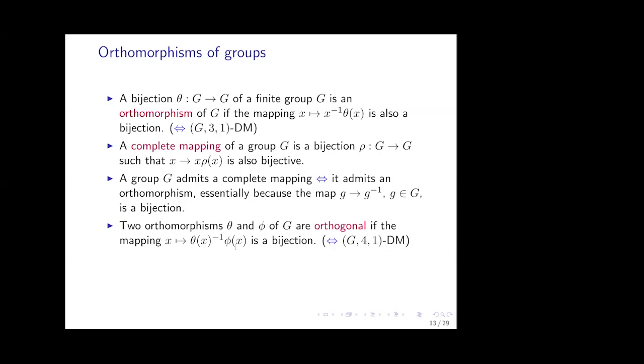And theta and phi are bijections, so each row except the first row is a permutation of the group G. And theta x minus x, phi x minus x, and phi x minus theta x, according to the definition, are also bijections. So indeed, it's a G,4,1 difference matrix. Furthermore, clearly, k pairwise orthogonal orthomorphisms of G are equivalent to a G,k+2,1 difference matrix.